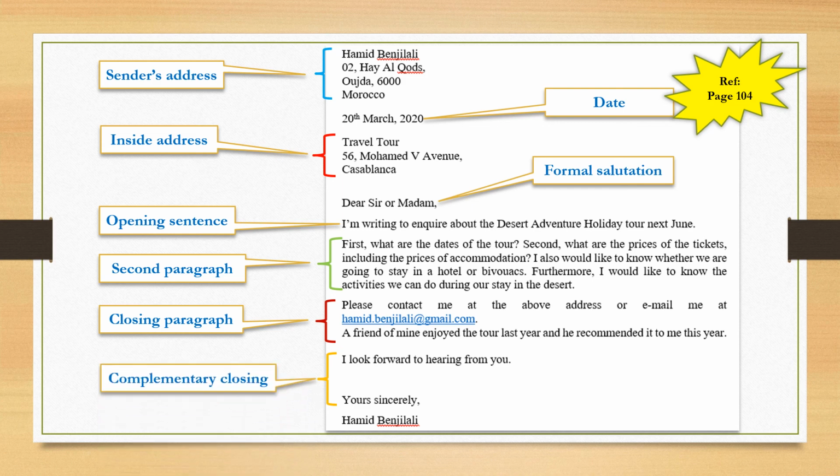Then you add another closing, in which you ask the person to write to you again, to meet him again, and you praise him, you thank him. Then you finish your letter with a signature, putting in your name. That's what people do.